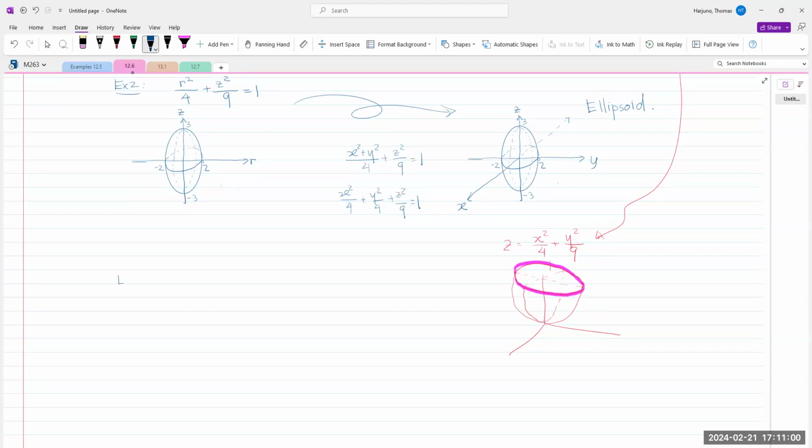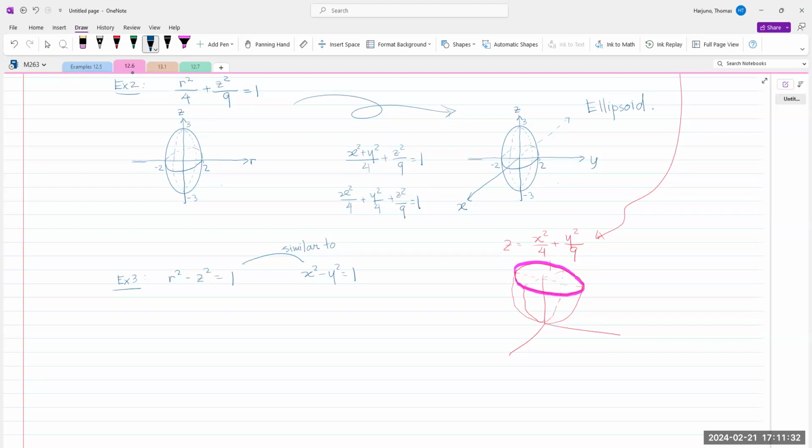Another one that I need to introduce to you is, for example, if I have r squared minus z squared equals to 1. So you need to know what x squared minus y squared equals to 1 looks like. Now, if you don't know what x squared minus y squared looks like, then you will not know what r squared minus z squared looks like.